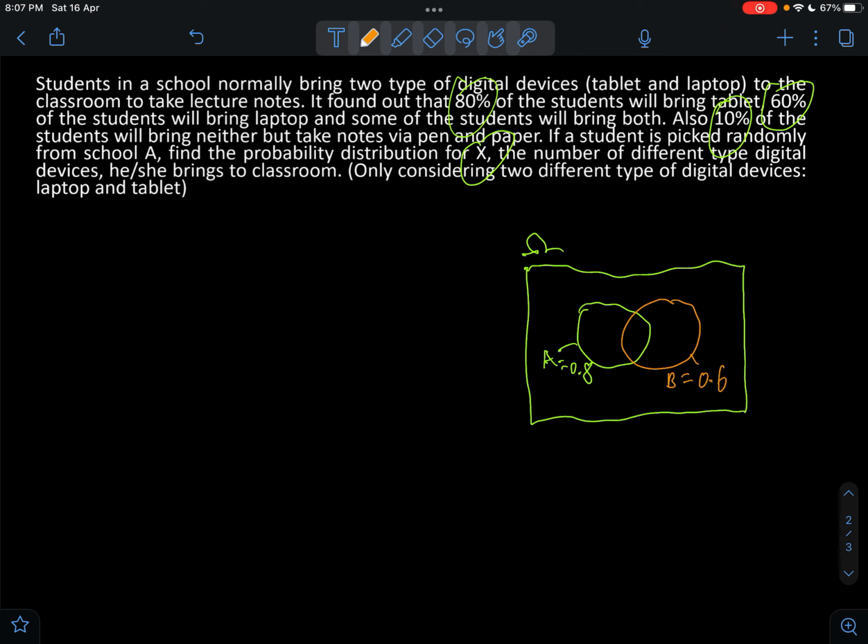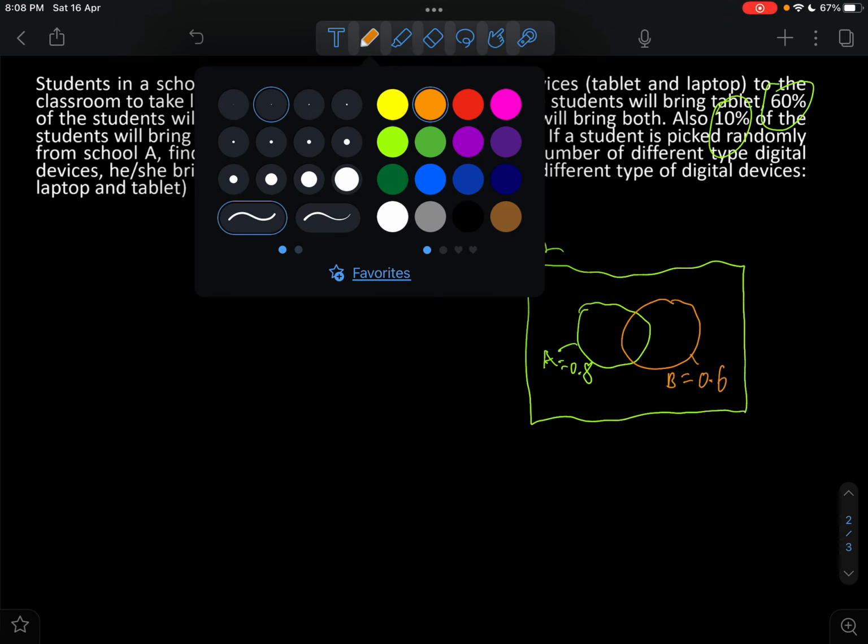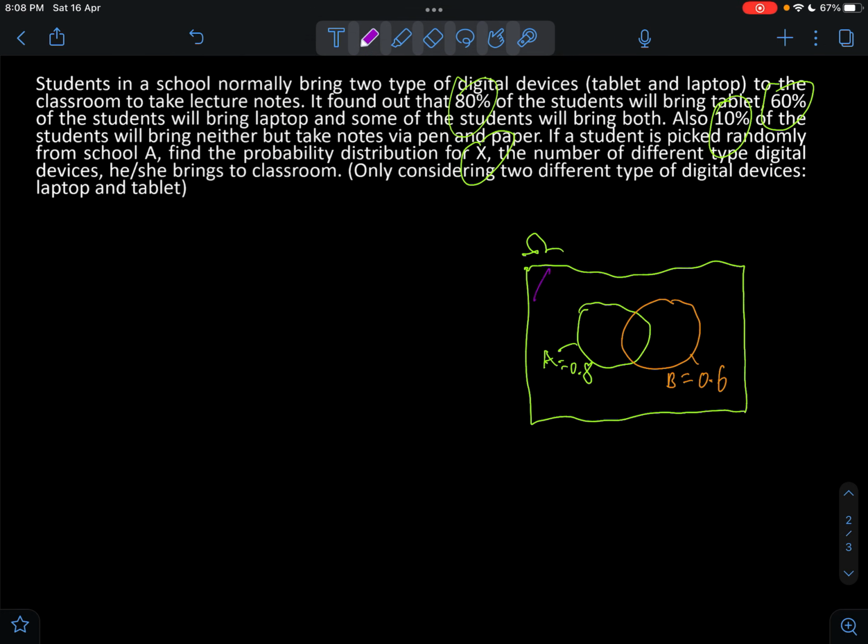And we also know that there are 10% of the students who will bring neither. So basically, that 10% corresponds to the purple area here. Basically, it's all outside event A and event B. So this purple area, the probability is 0.1.